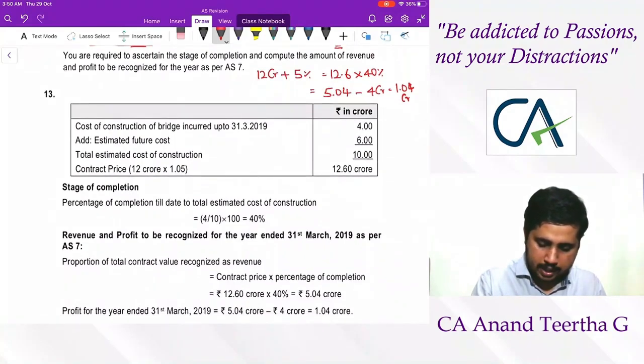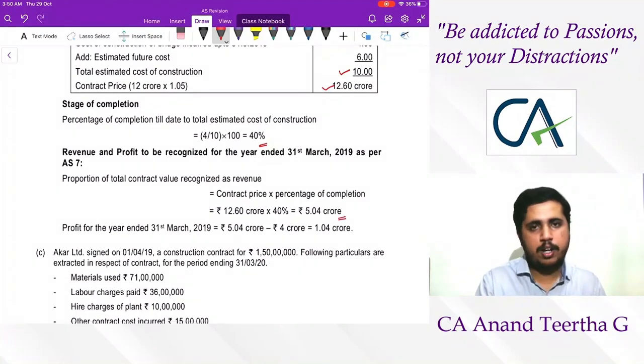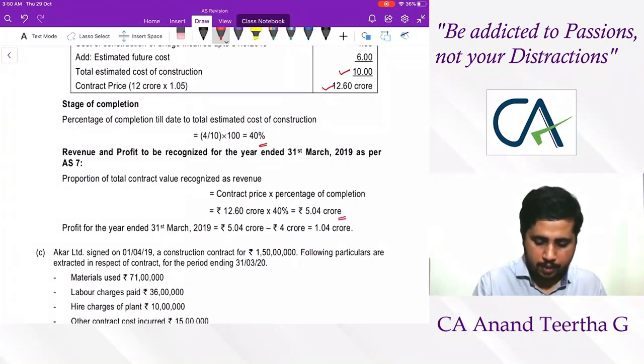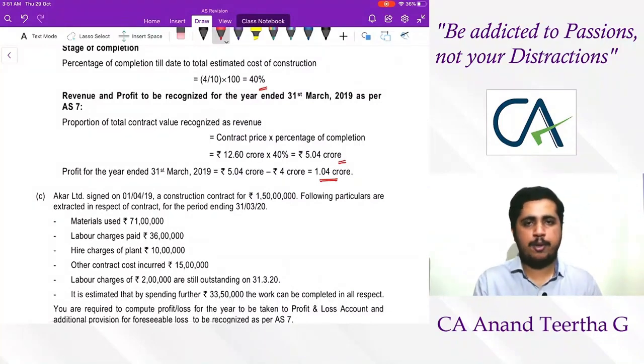Total cost is 10, contract price is 12.6, so 40% is 4 by 10. Then we got 5.04 as contract revenue for the year, which is 12.6 into 40%, and 1.04 crore is going to be your profit. Okay, simple. You have to just think about how the whole thing could be done.